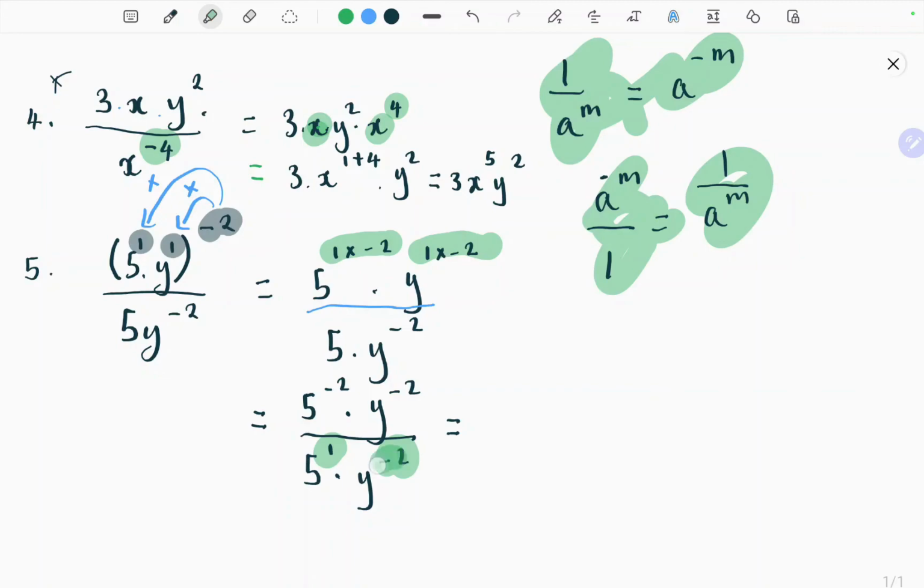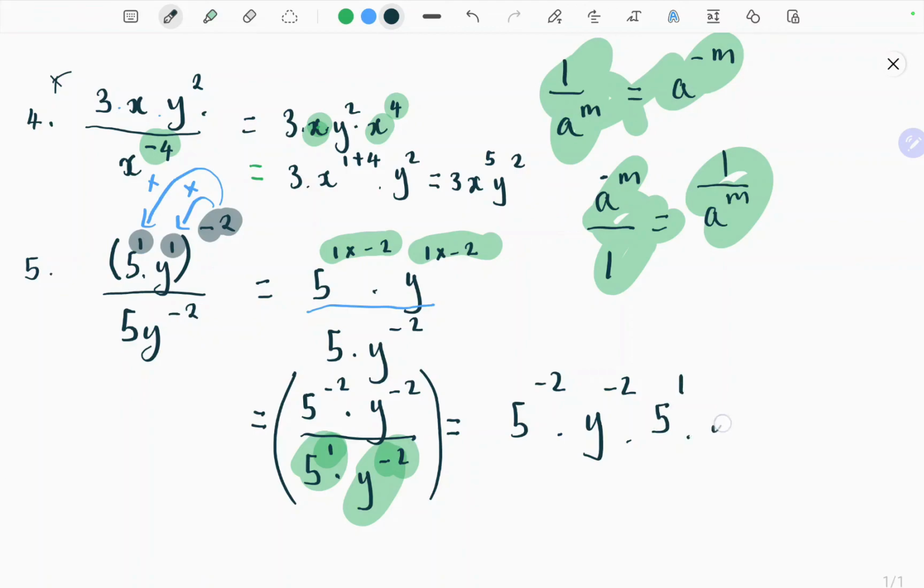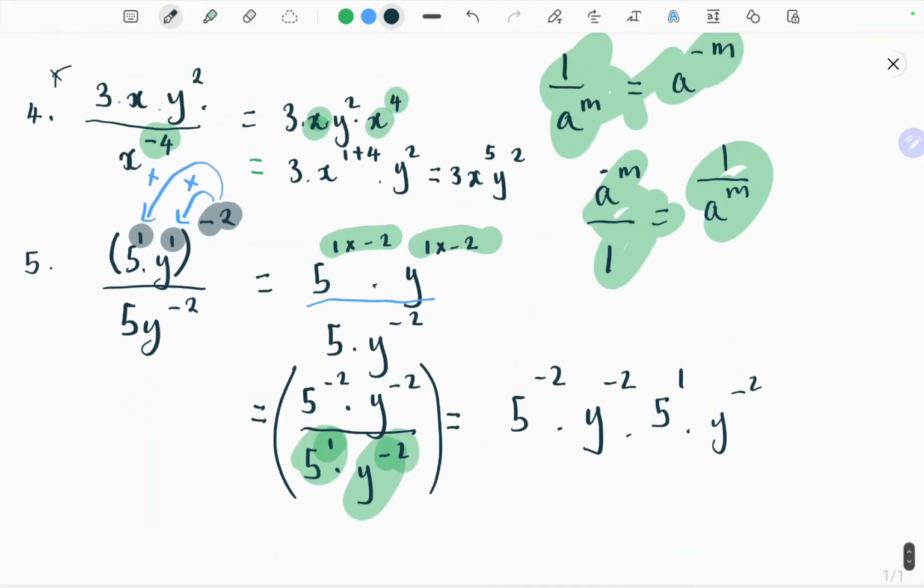When you bring these powers to the numerator, the sign of the exponent changes. So we can rewrite this whole expression, this whole term as follows. We can write this as 5 to the power of -2 times y to the power of -2 times 5 to the power of 1 times y to the power of -2.